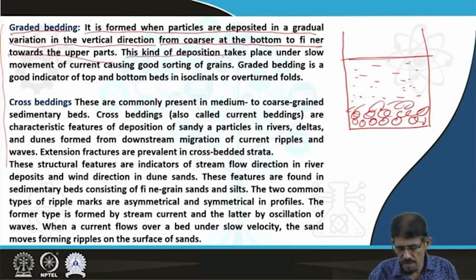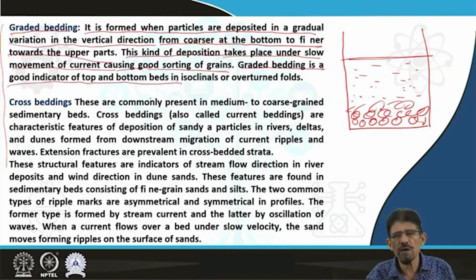This kind of deposition takes place under slow movement of current, causing good sorting of grains, and graded bedding is a good indicator of top and bottom of beds in sedimentary rocks subjected to deformation or folding due to tectonic stresses. This will be helpful in identifying which one is the top portion and which one is the bottom portion.